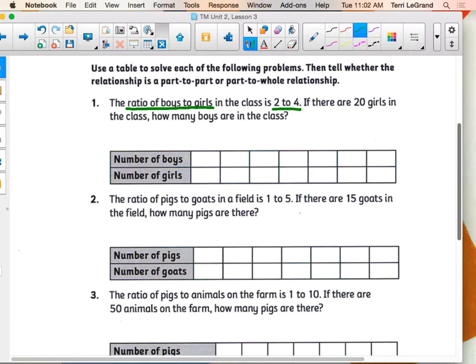So the 2 is representing boys or girls? Boys. And the 4 is representing girls. So I'm going to go to my table when I make my table and I'm going to say every 2 boys, so my row of boys is going to go up by 2's. Okay, we've been doing this already.